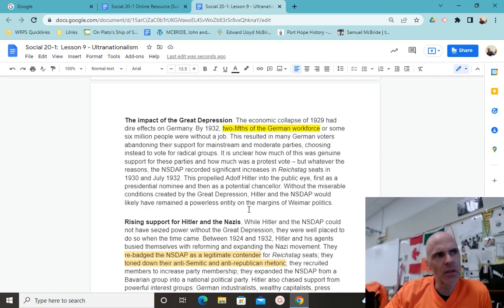Again, the impact of the Great Depression. By 1932, two-fifths of the German workforce, or some 6 million people, were without a job. So 2/5, 40%. In America, it was more like a third. So you can see how even in America, there's a lot of social, economic, political turmoil.